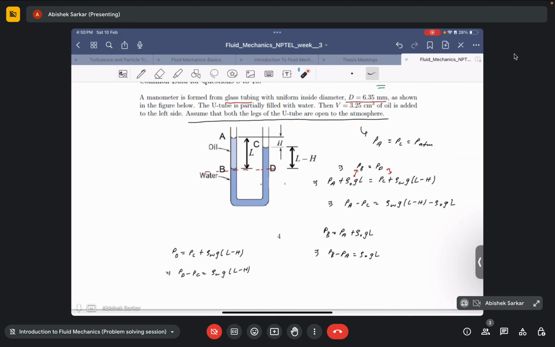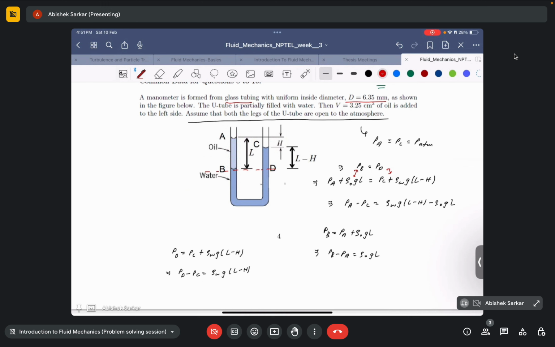Okay, so we need to find the value of L. L is given here. Moreover, more importantly, the volume of the oil in this region is given, right? So if you assume that this liquid column is in the form of a cylinder, that's a very good approximation.